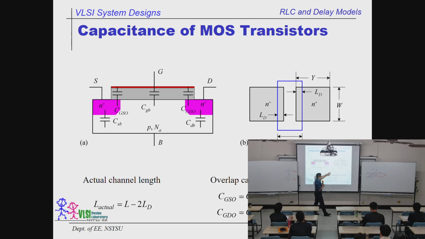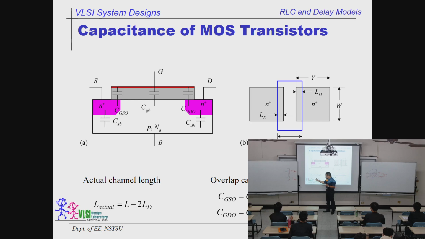And this figure shows you the bird's-eye view from the top. Apparently some of the material will be diffused under the channel, even though we draw the devices on the layout with a very clean, aligned cut. In fact, after the fabrication, something will be diffused under the gate. That's why we have overlap. So the actual channel width is slightly shorter than what we draw in the layout editor.